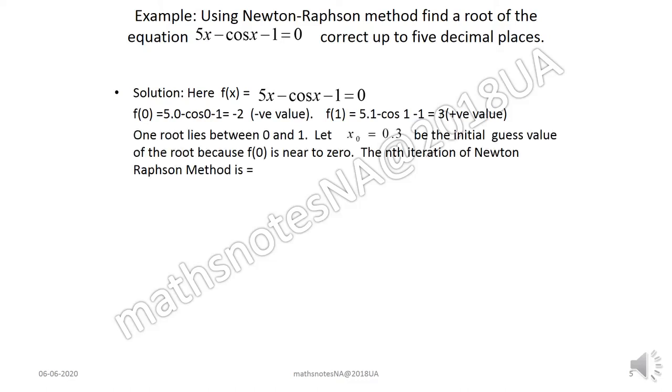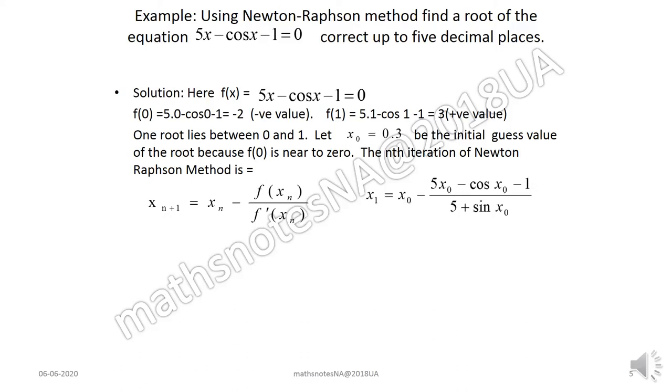Here we take x0 as 0.3 as initial guess of the root, and we see that Newton Raphson method's nth formula is x(n+1) is equal to xn minus f(xn) upon f dash (xn). Now we substitute n is equal to 0 and get this value by putting the xn, f(xn) and f dash (xn) here.